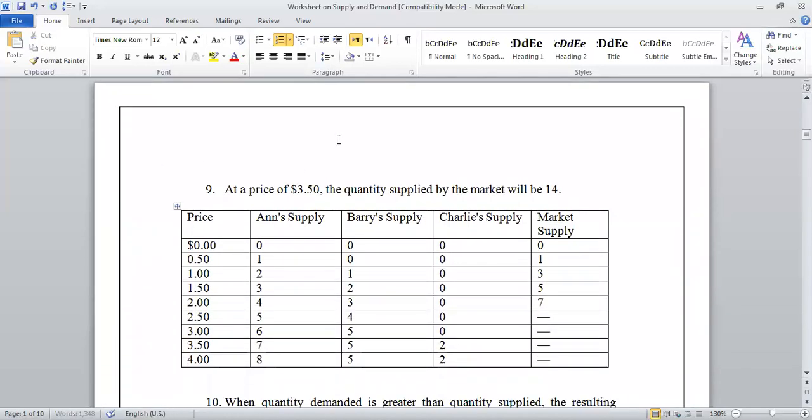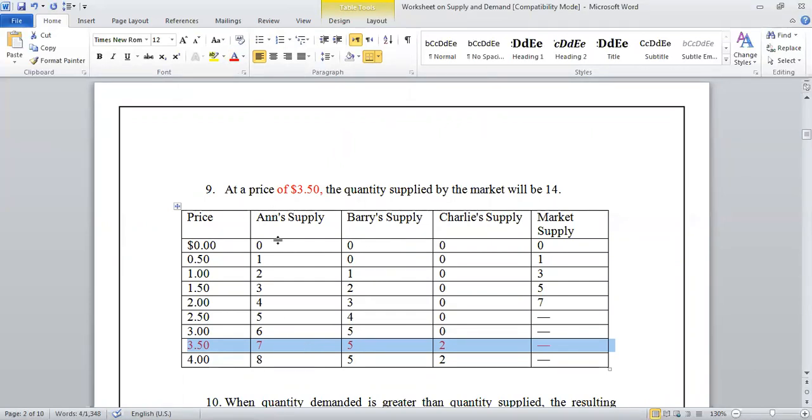All right, number nine here, what do we have? At a price of $3.50, where is $3.50? It's right here. Okay. The quantity supplied by the market. Now, how do we calculate market supply? We calculate market supply by adding all the individual supply curves.